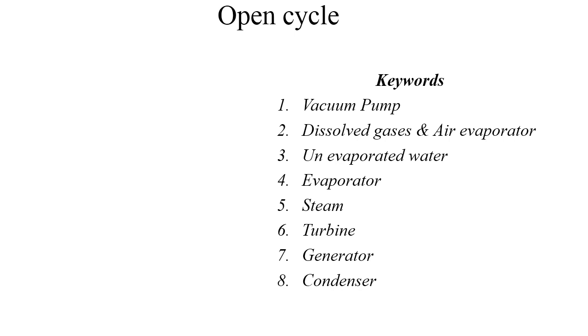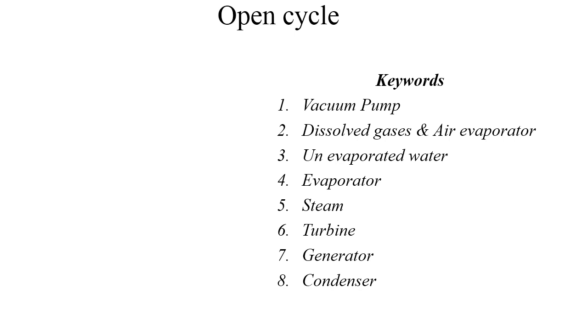Keywords are just important terms in the open cycle: vacuum pump, dissolved gases and air, evaporator, unevaporated water, steam turbine, generator and condenser. These are important key points, and you should know the role each plays in this open cycle.